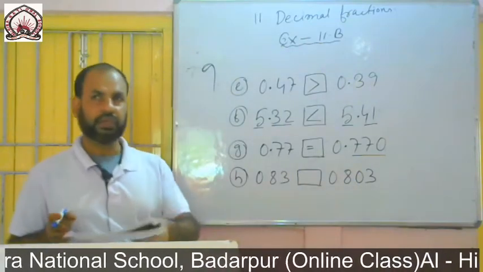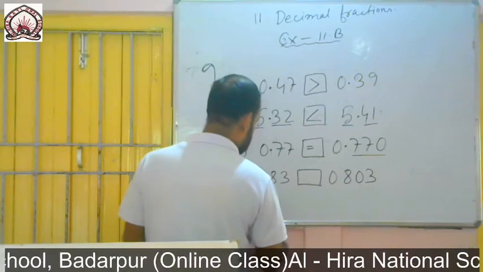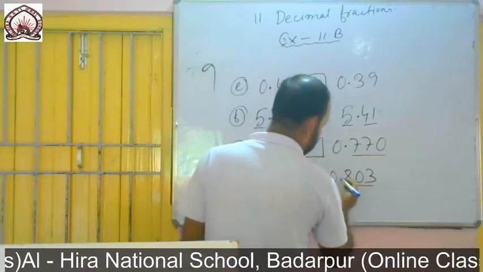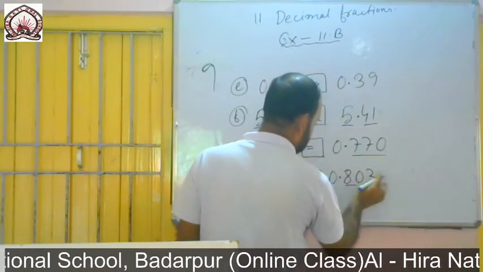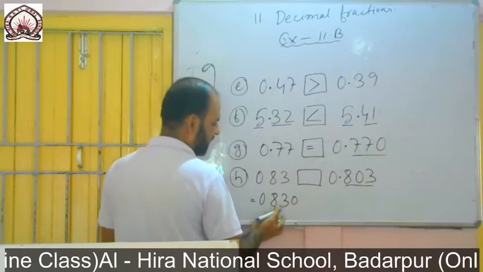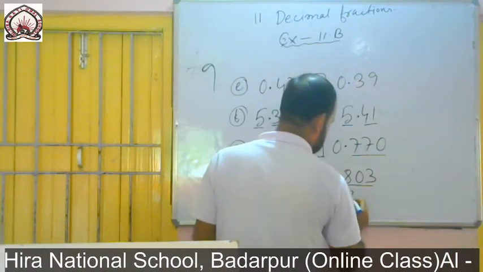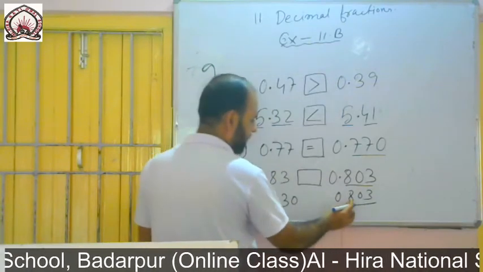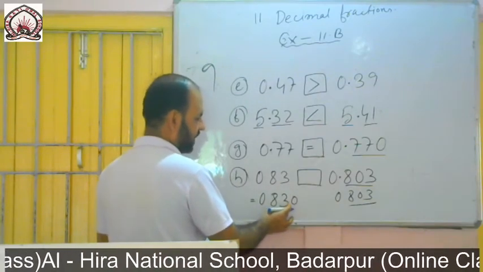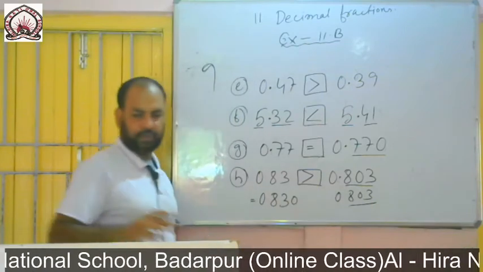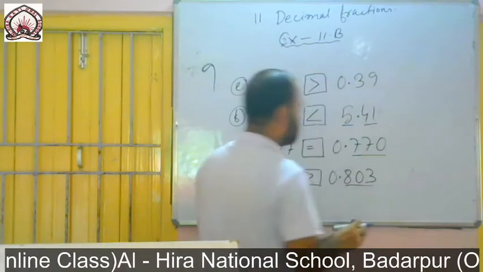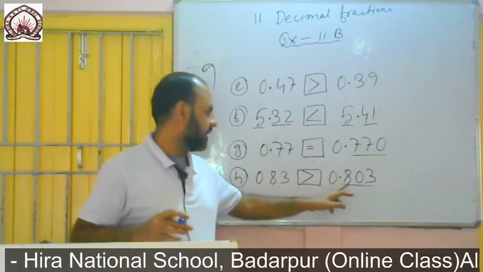If you make them like decimals, we get 0.830, because on this side there are 3 digits after the point, 803, and on the other side 2 digits. So we make both sides 3 digits. Here it is 803 and here 830, so 830 is bigger. So 0.830 is greater than 0.803.